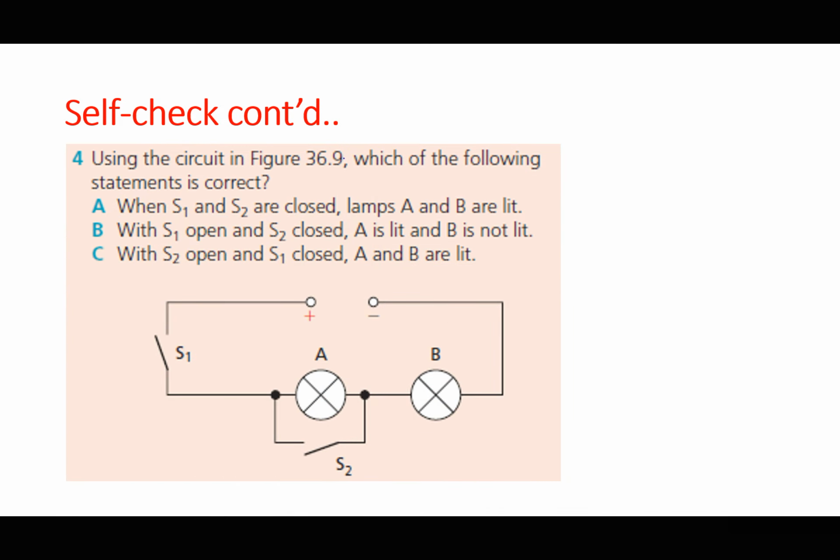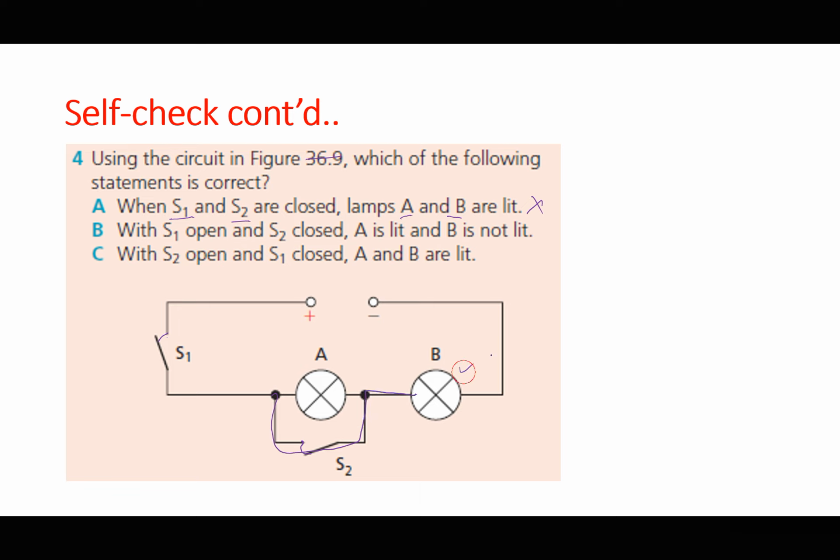Using the circuit in the figure, which of the following statements is correct? When S1 and S2 are closed, lamps A and B are lit. This is not true. Why? The moment I close S2, I cause a short circuit, and we saw that when there is a short circuit, current will not flow through A. It will take this path.